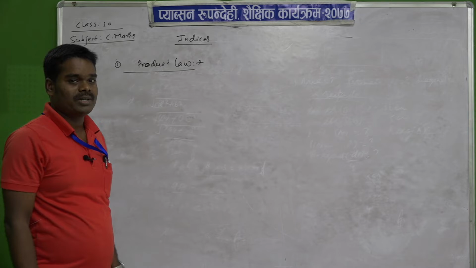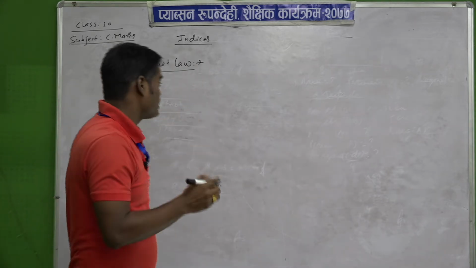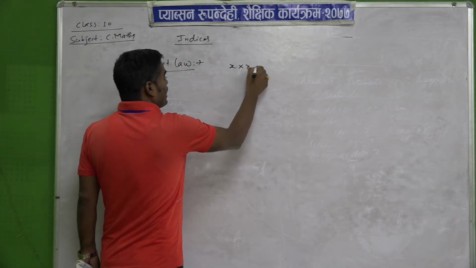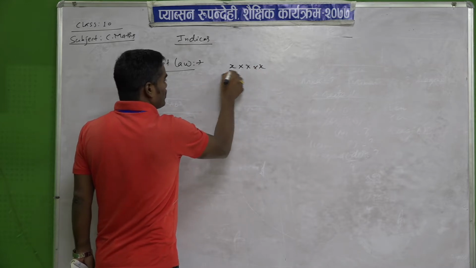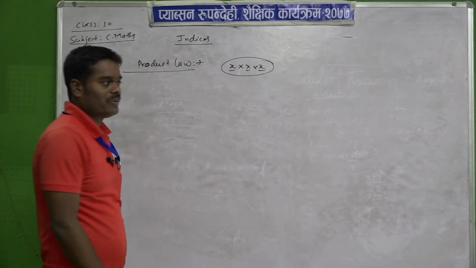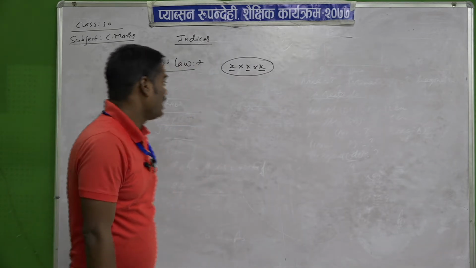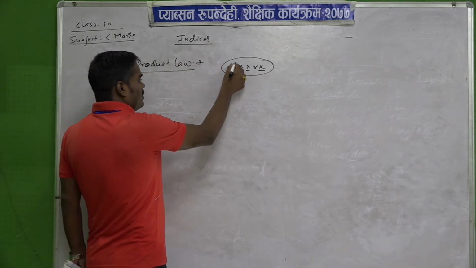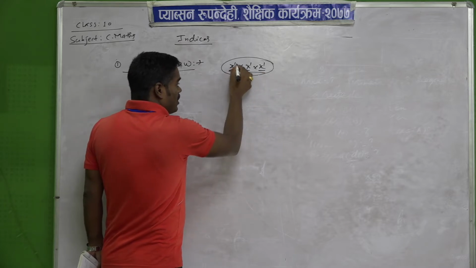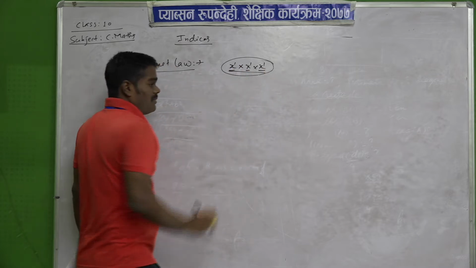First is product law. Product law means, suppose there is x into x into x, so these are the bases and they are in the form of product. And what power is here? 1, 1, 1. So, x power 1 into x power 1 into x power 1.